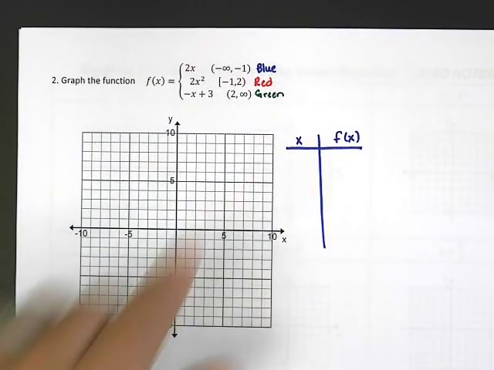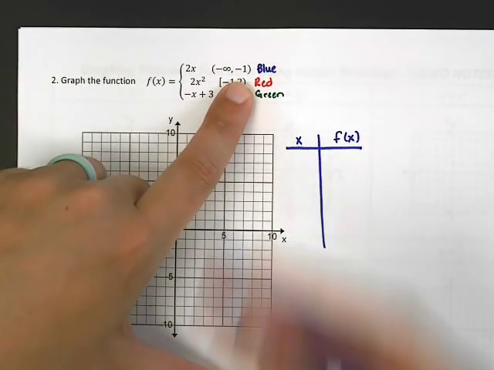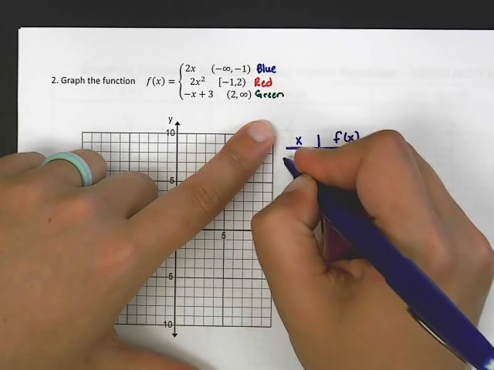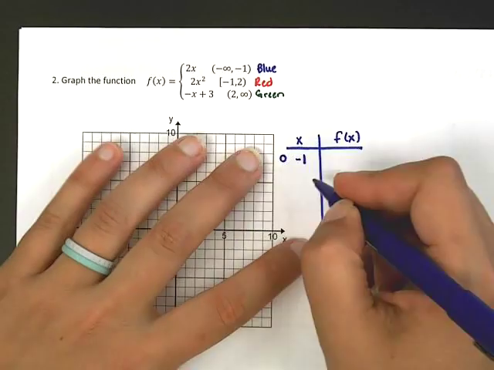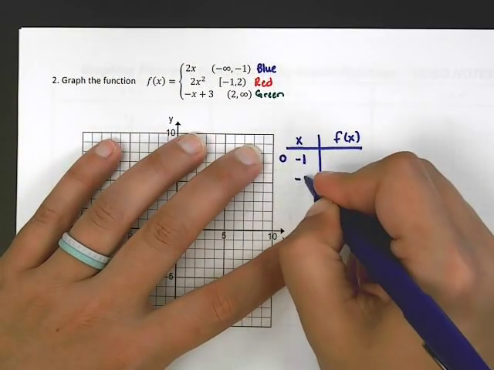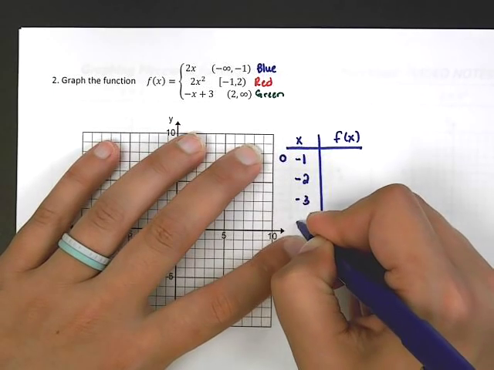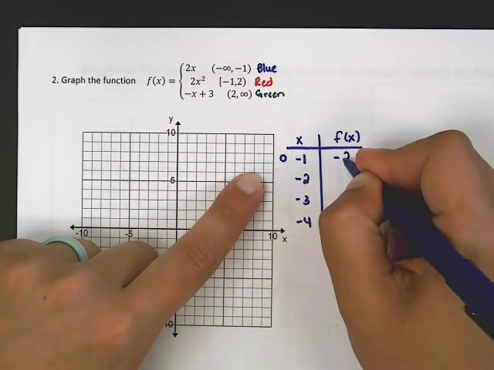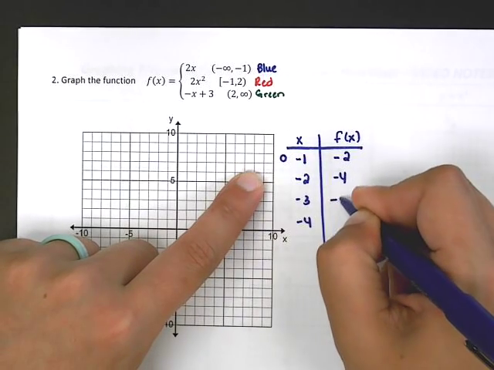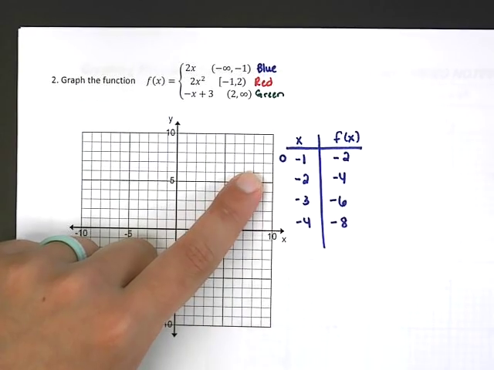So even though I can't equal -1, I'm still going to include it in my list. I'm just going to make it an open circle when I graph it. Now numbers that are less than -1 would be -2, -3, and -4. If I plug those values into my function, I get -2, -4, -6, and -8.